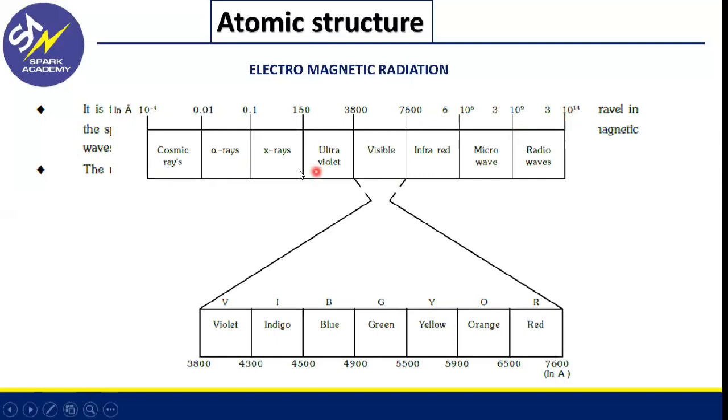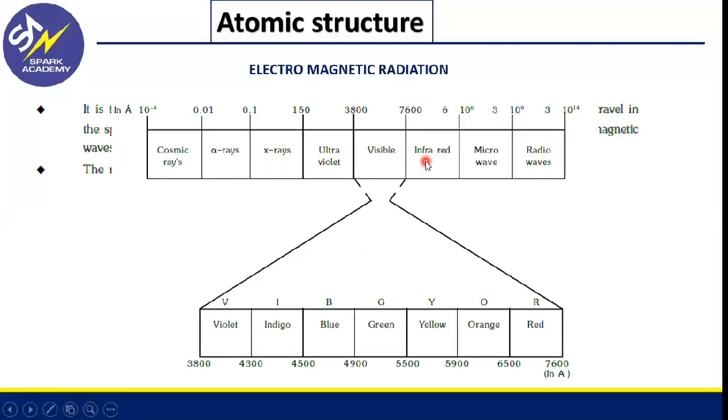X-rays have very high energy, isn't it? That is why they have very short wavelengths. These are very low energy waves. In the center we have the visible region, VIBGYOR colors, between 3800 and 7600 angstroms. Next to it we have ultraviolet and infrared.